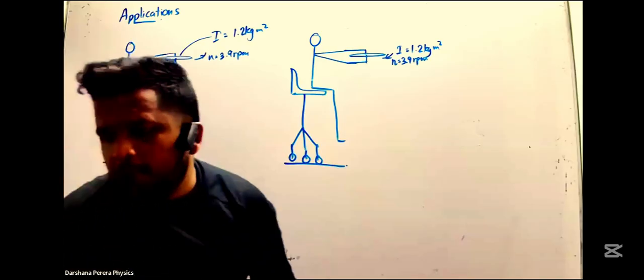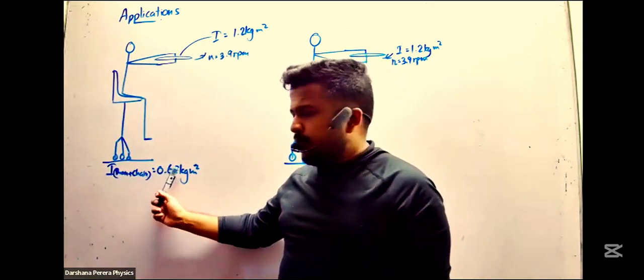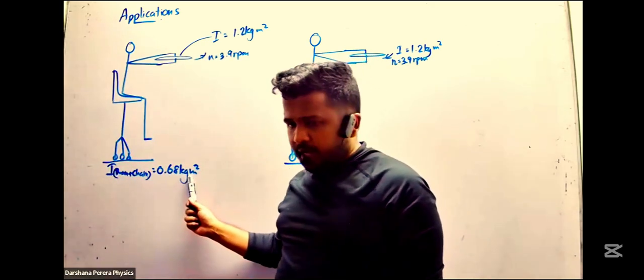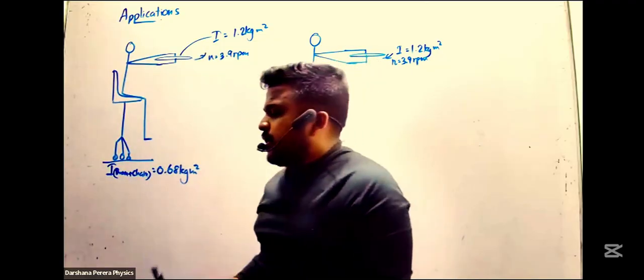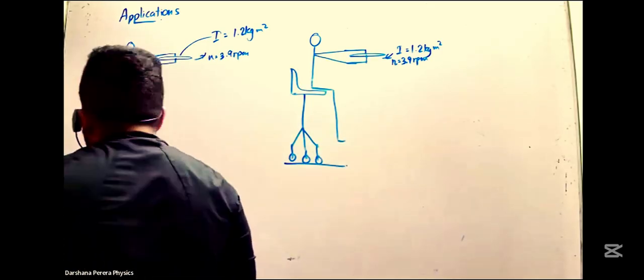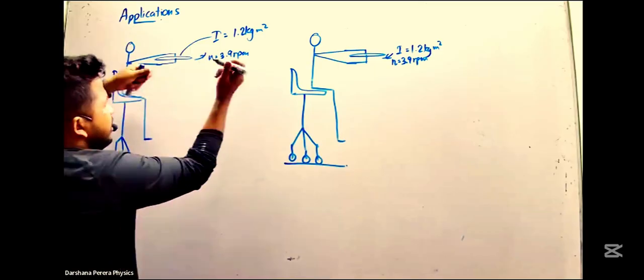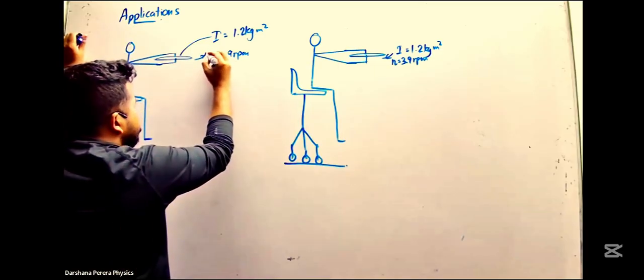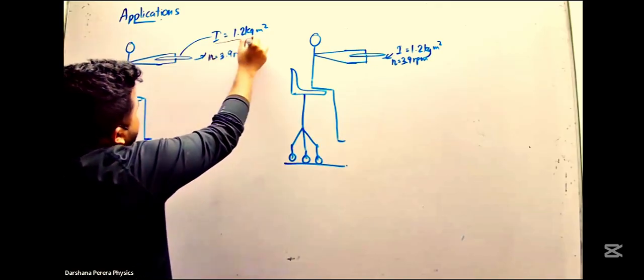In that problem, the I of the man and the chair is 0.68 kg m square, right? And the man holds the wheel with rotational speed n equals 3.9 rpm, and I equals this one.